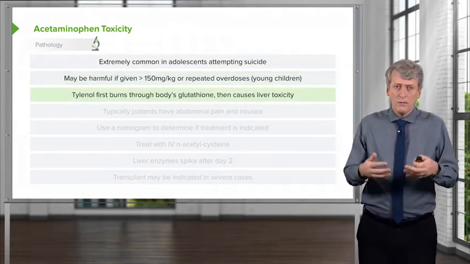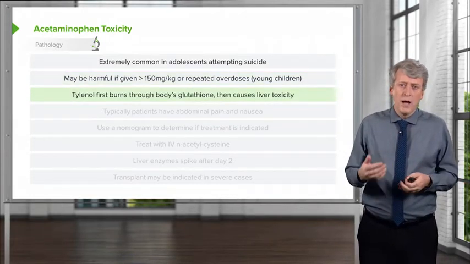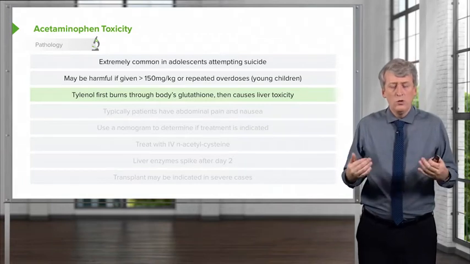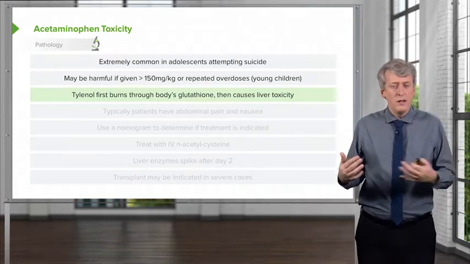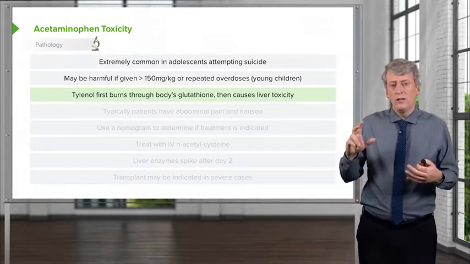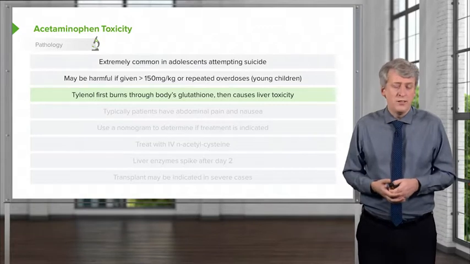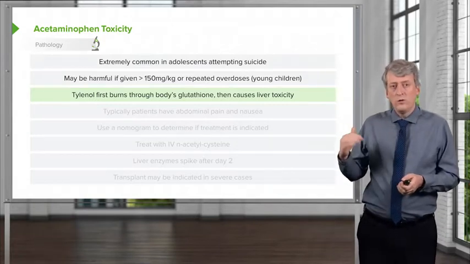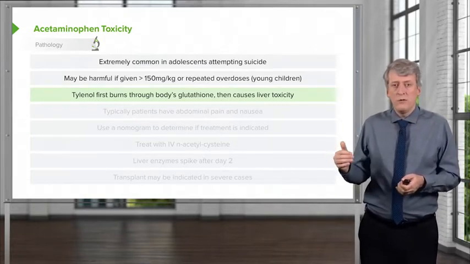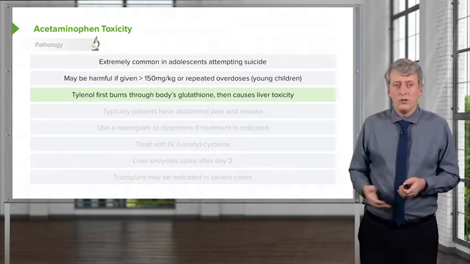Tylenol, when it gets into the body, first burns through the body's glutathione. So glutathione is in our system, in our liver, and it's allowing the liver to degrade the toxic acetaminophen. Once that glutathione is used up, the acetaminophen then starts causing liver toxicity.